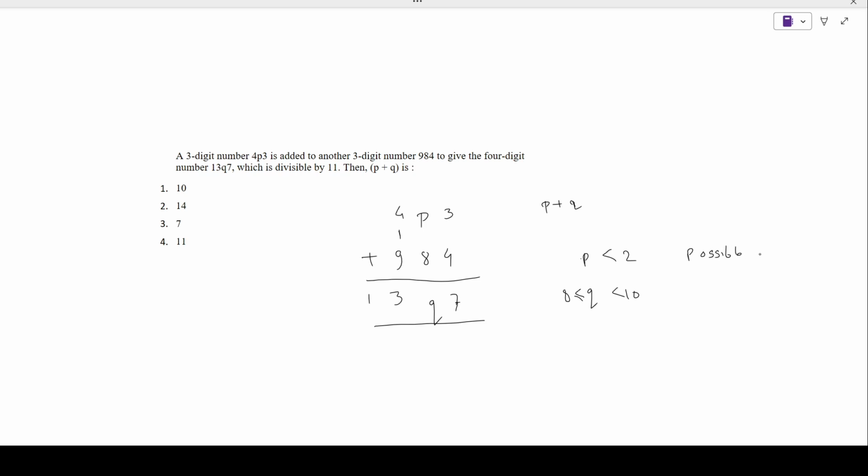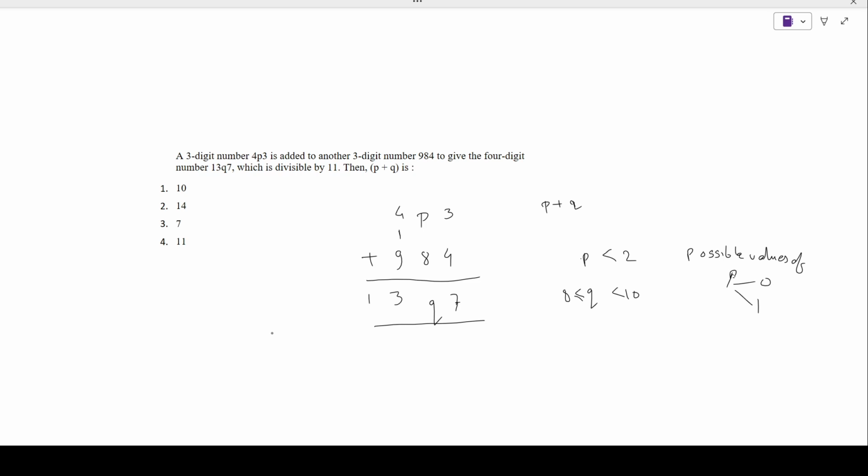Possible values of p are 0 and 1. Now we are told that the number is divisible by 11.